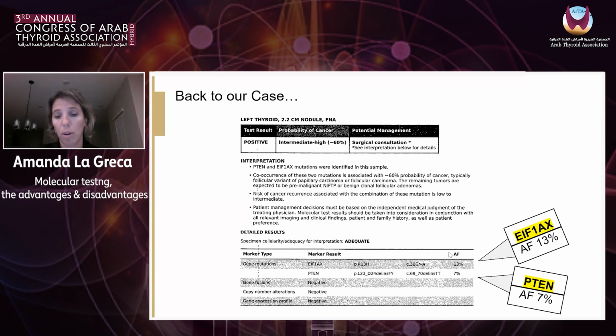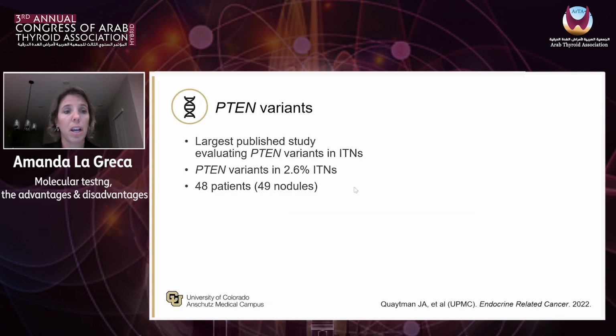Looking at this column here, it's called the allele frequency, and I'm going to talk about this on the next slide. The allele frequency of the IFAX was 13%, and the PTEN was 7%. The combination of these two mutations in the same patient is considered intermediate to high risk of malignancy.